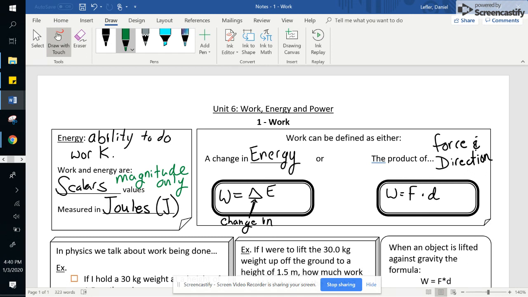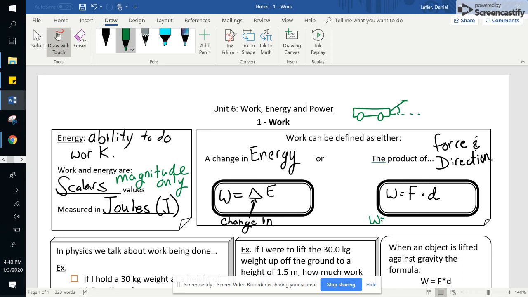If you're pulling something at an angle, for example a little wagon, so this is our wagon here, got the handle, and you're pulling it along, technically you're pulling it along at some angle. So this angle here, and not all of our force is being used as work, and I'll talk about that in a minute. So if something's being pulled at an angle, you're going to use this equation here.